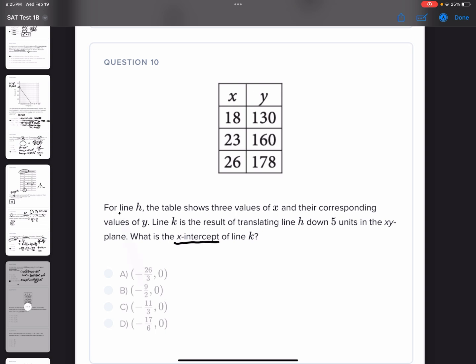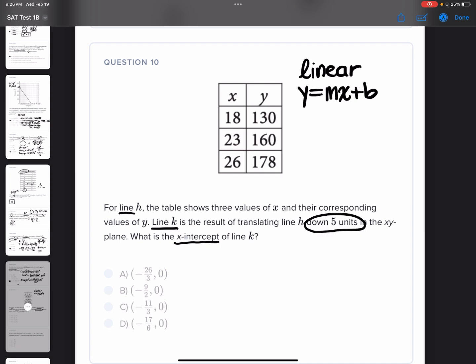So we're given lines, so that should tell you immediately we are going to work with a linear relationship, perhaps. I don't know. Pre-algebra is coming in clutch. y equals mx plus b. Sound familiar? And we know that line K is essentially line H, but translated down 5 units in the xy plane.